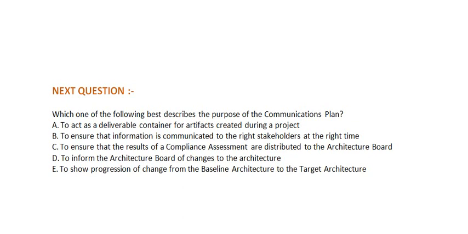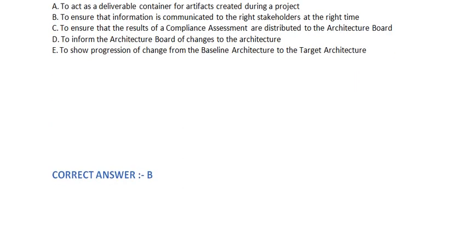Option C: to ensure that the results of a compliance assessment are distributed to the architecture board. Option D: to inform the architecture board of changes to the architecture. And option E: to show progression of change from the baseline architecture to the target architecture. The correct answer is option B.